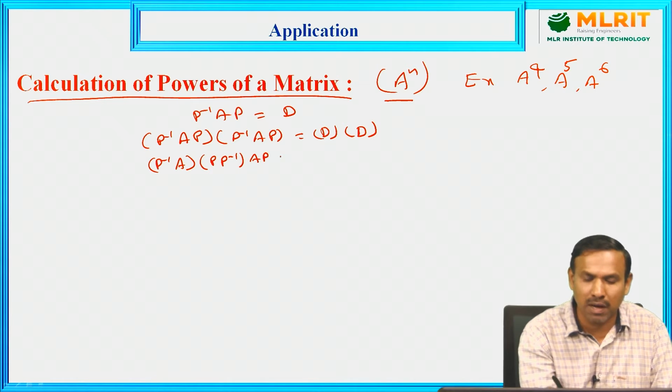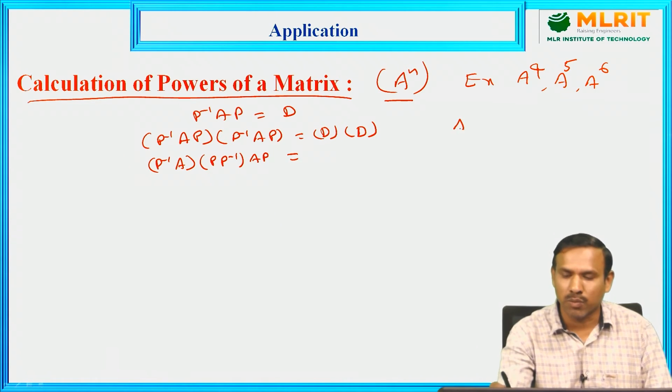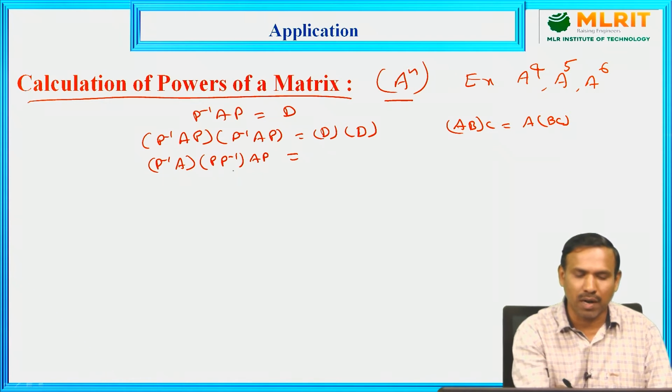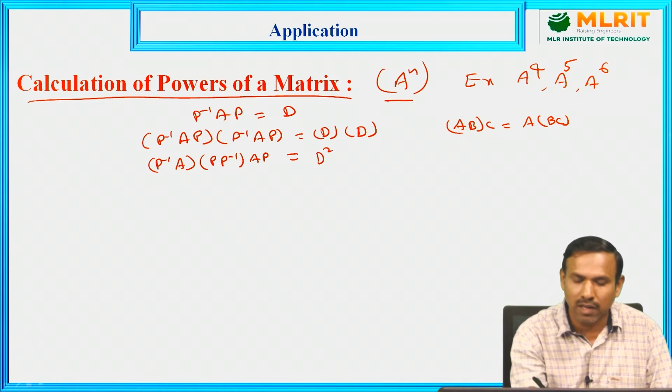How can I write like this? Because matrix multiplication is associative: AB into C is equal to A into BC. This is called the associative property. So using that property I can write this product like this. So D into D, D square.